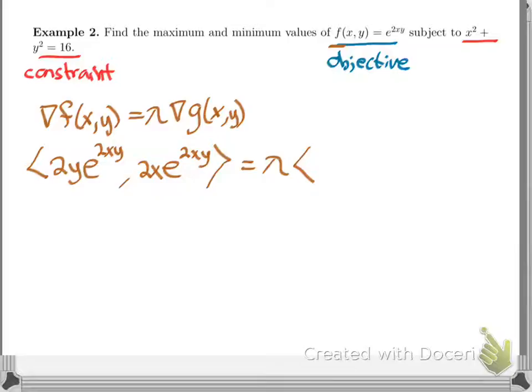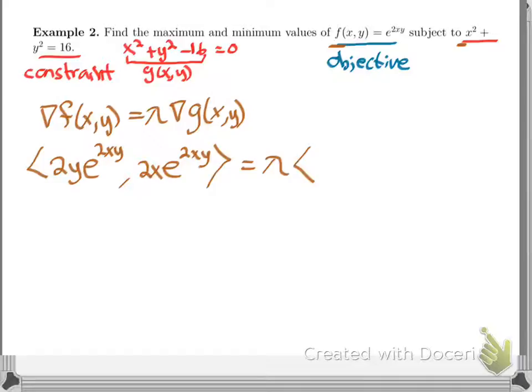So now I'm looking at my constraint. Even if it's not written as g equals something, you take your constraint and just make sure that 0 is by itself first. What you have remaining is your constraint, and we can now call it g.